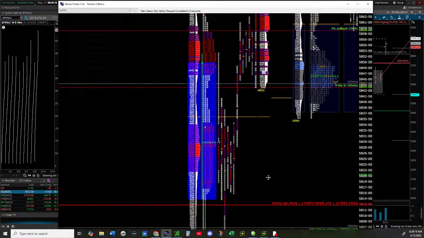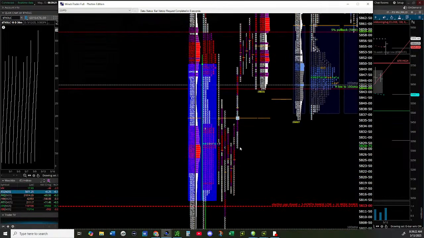Now, the next thing I have marked here in my chart is this level here.